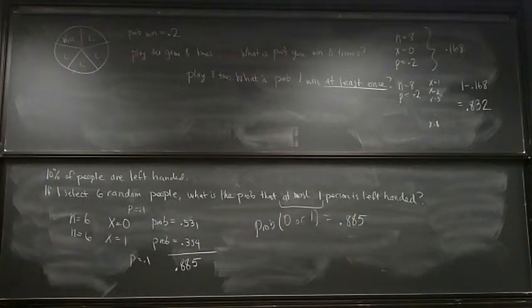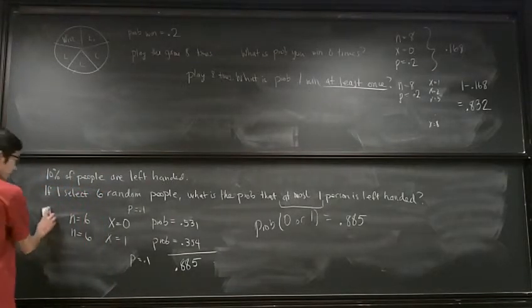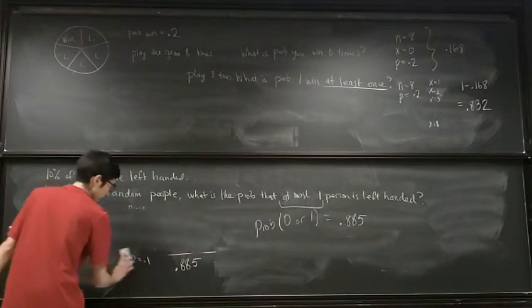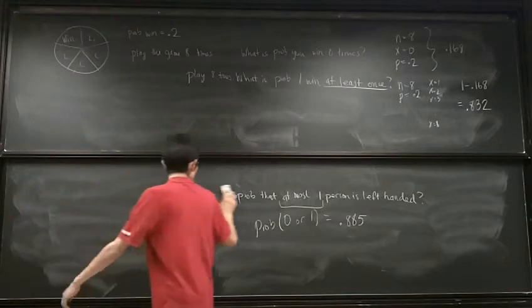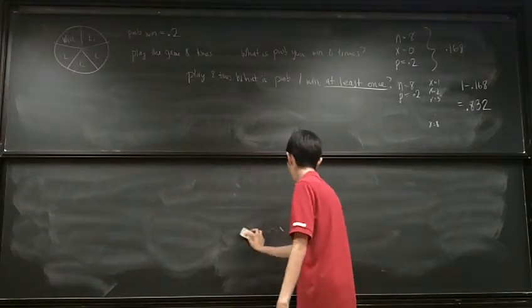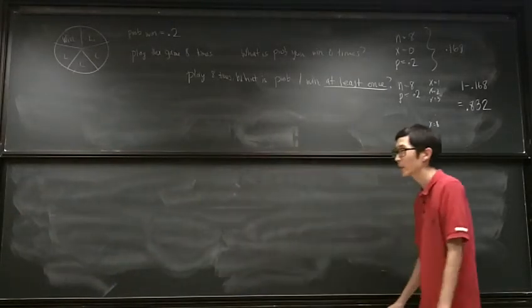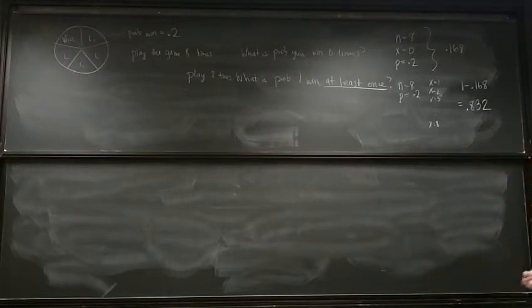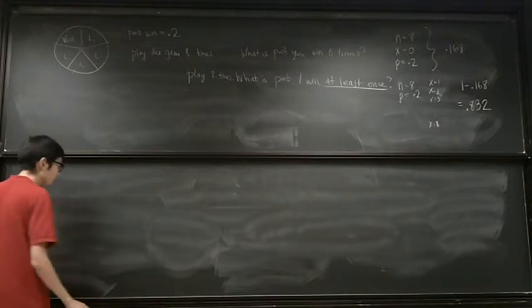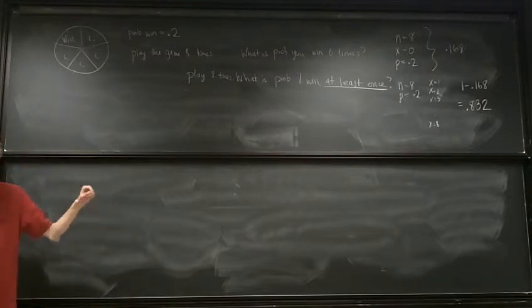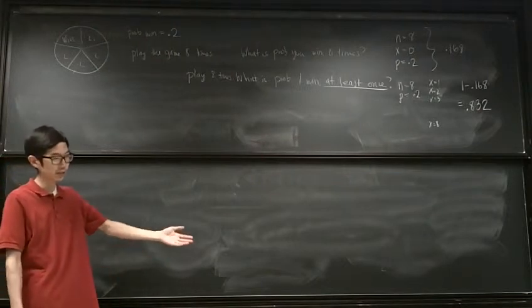I mean, all of these things say you're going to do something this many times. It could be you're going to select 6 random people, which in other words is you're going to pick a random person 6 different times.